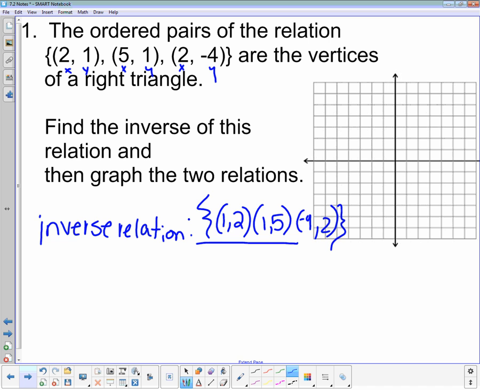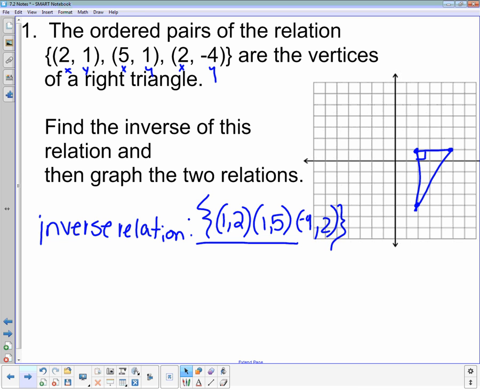The first thing we're going to do is graph the original relation. We look at our ordered pairs above and graph those. We go over 2, up 1, over 5 and up 1, and then over 2 and down 4. So we have our right triangle here.